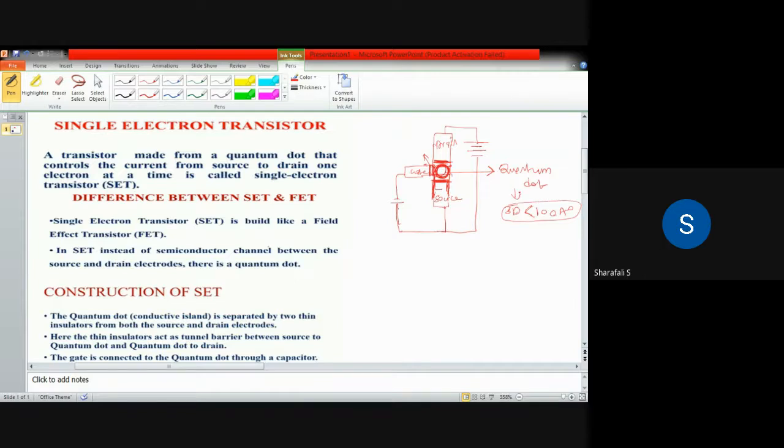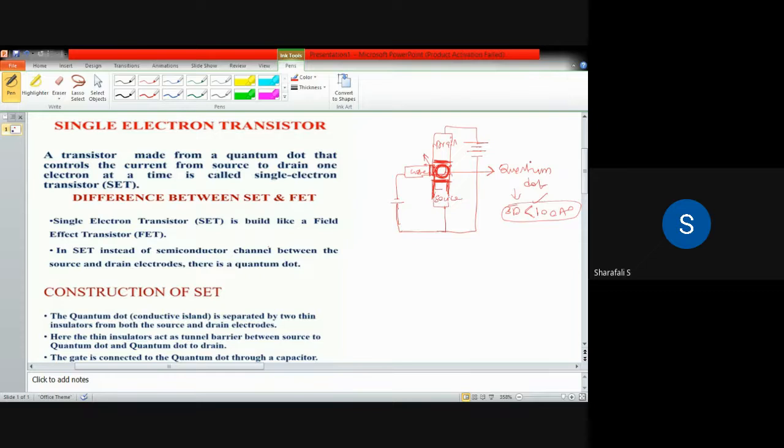For these quantum dots we have discrete energy levels, which we already discussed. We will have different points like this. When you consider the density of states versus energy, we also get this kind of dots.